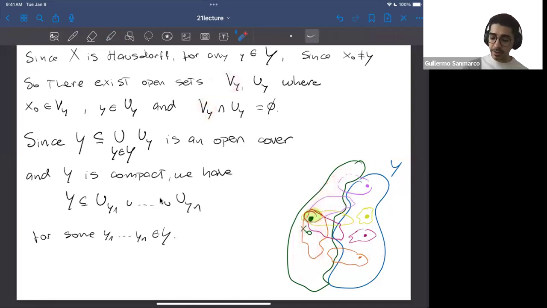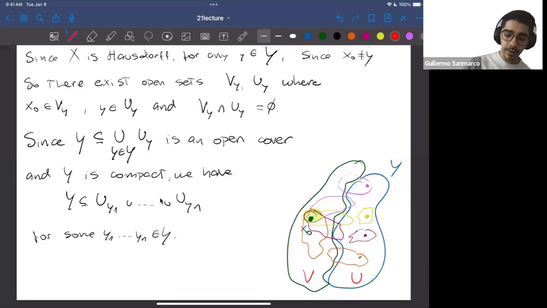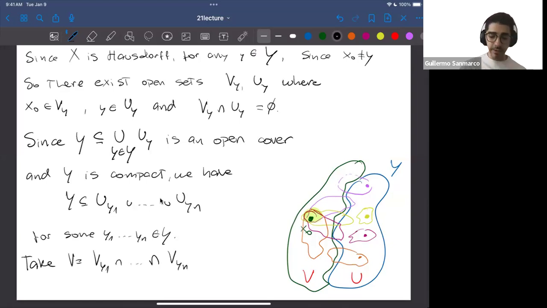We only need to intersect finitely many of those. So here are the V's, here are the U's. And now my V is going to be the intersection of these finitely many opens.